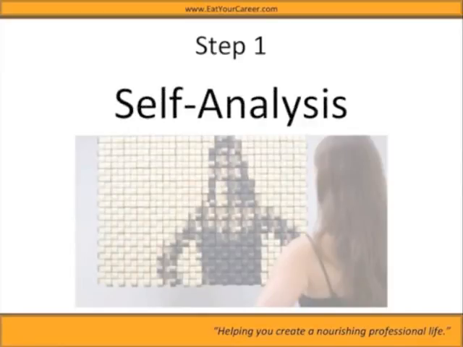Step 1 is self-analysis. This is the process of really identifying where you are right now. So what are your professional assets and strengths that you want to enhance in your career? What are your professional liabilities and weaknesses that you want to minimize and hopefully even eliminate in your career?